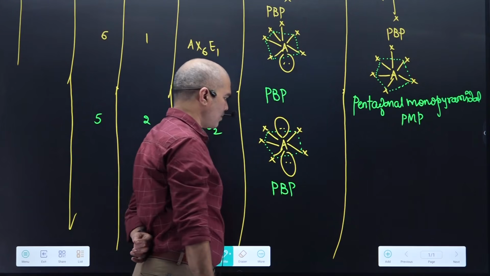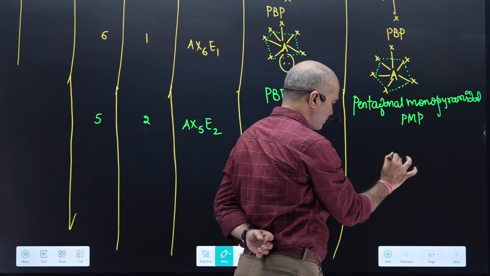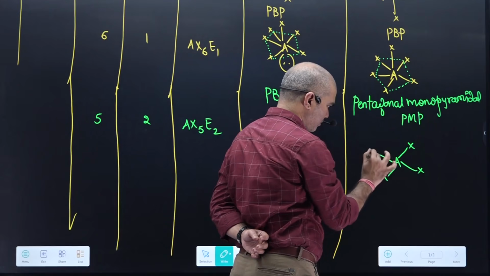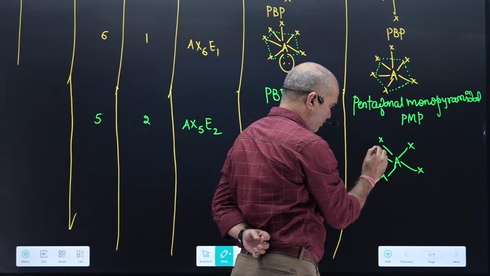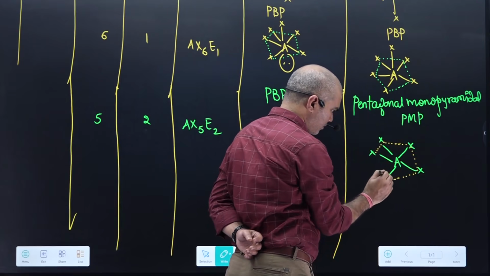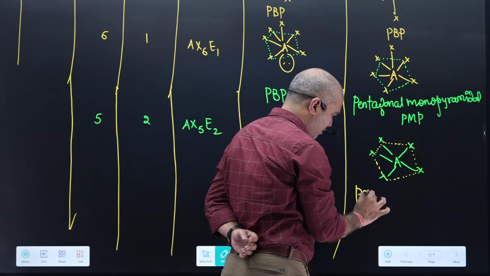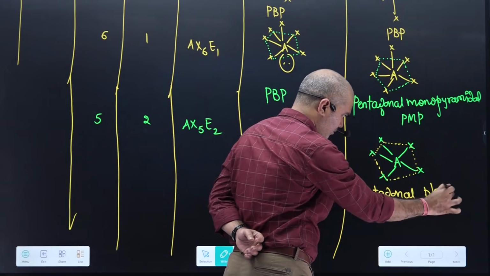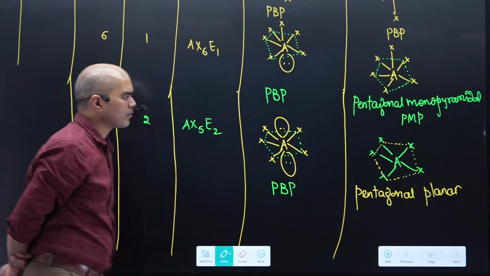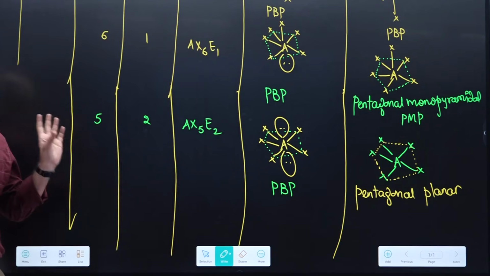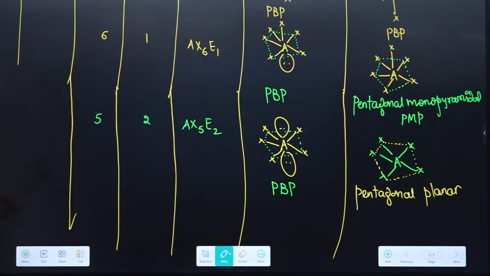Electronic geometry becomes PBP. This is pentagonal planar. So up to this point we have a few geometries that we have to discuss. Examples.